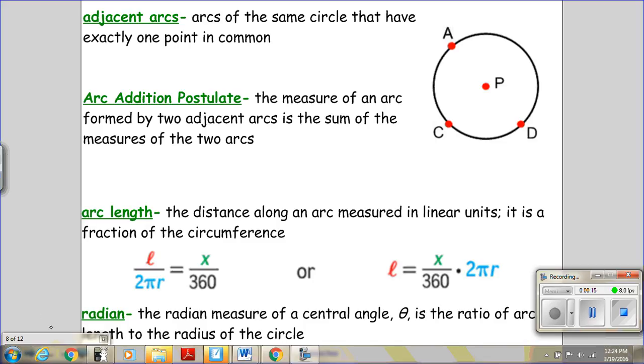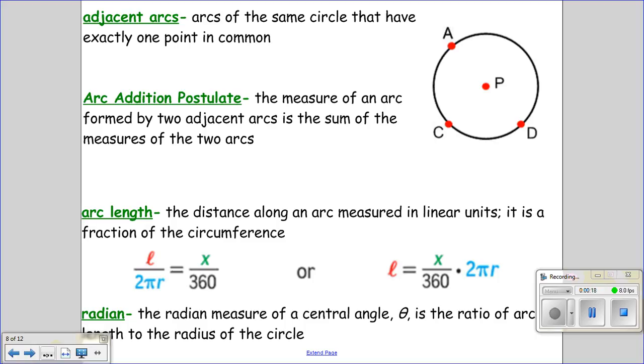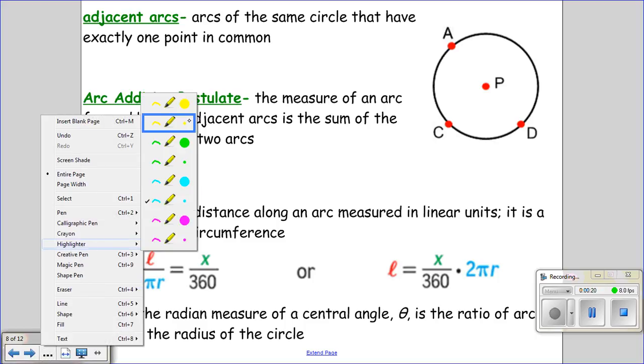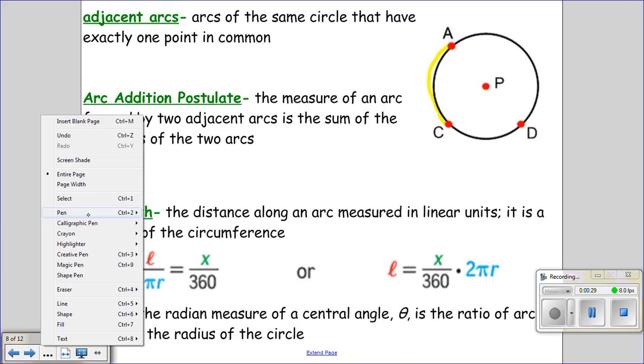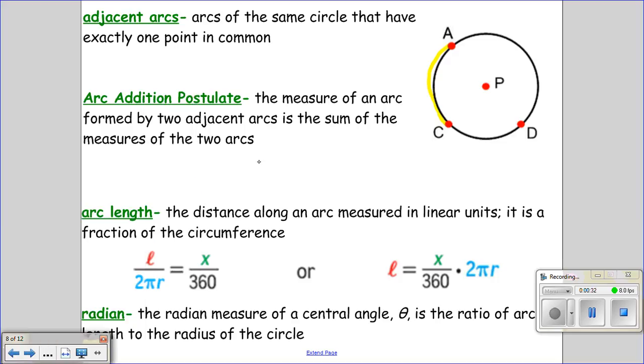So on our picture here on the right, we can say that arc AC is adjacent to arc CD because they share a point, and that point is point C. So again, that was arc AC and arc CD are adjacent.